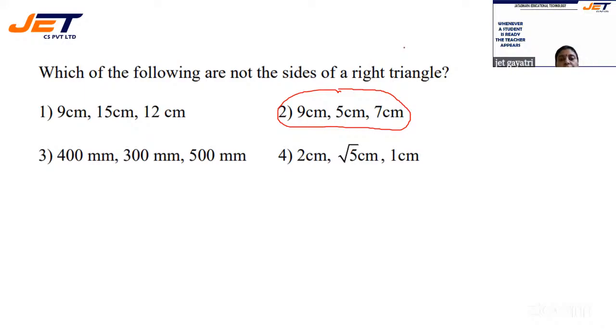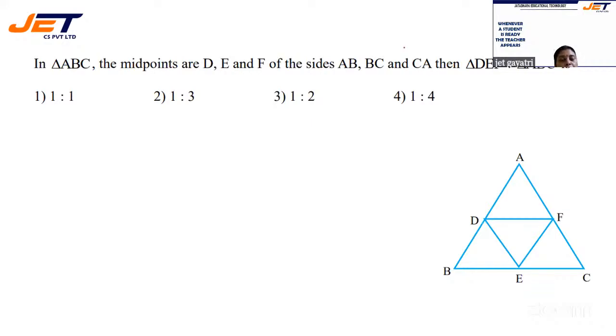All right, with this we are moving on to the next question. In triangle ABC, D, E, F are the midpoints of the sides AB, BC, AC. Then triangle DEF is to triangle ABC is what? Okay, so they have given the midpoints.